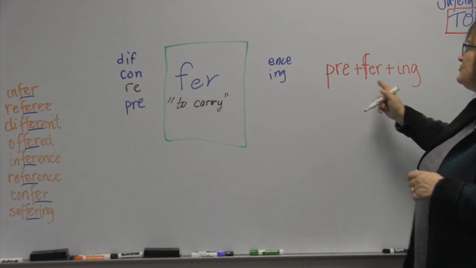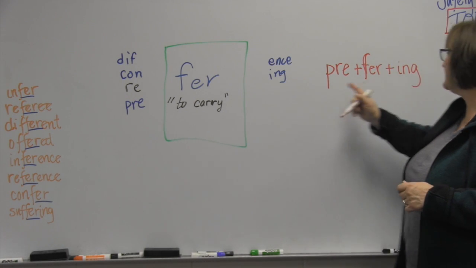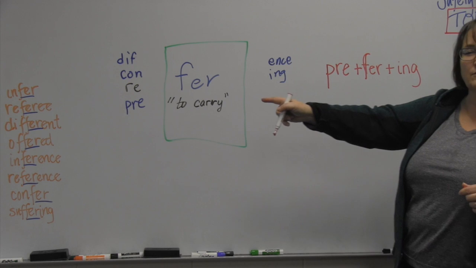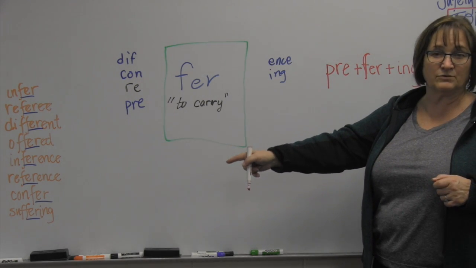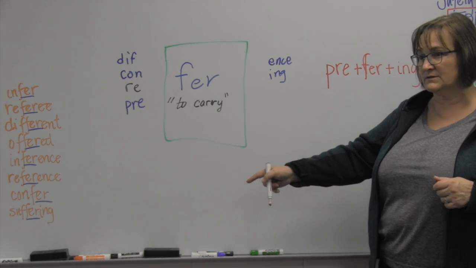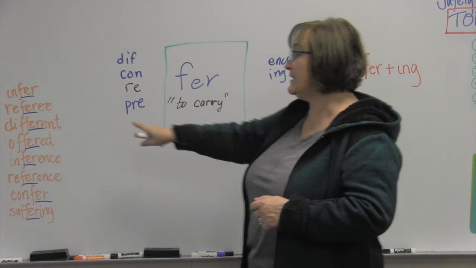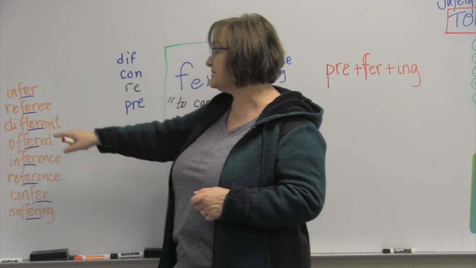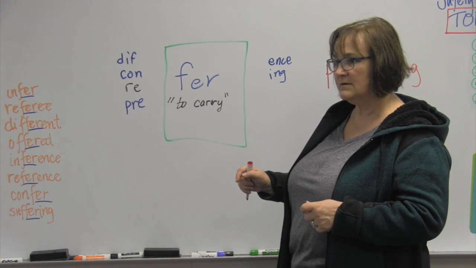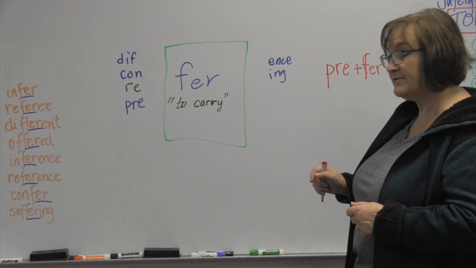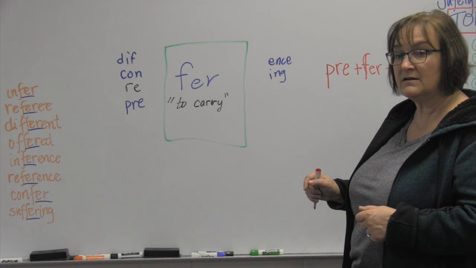If this is true that this R is doubled because we have a vowel suffix, then I think there's another word or two on this list where we should be questioning why isn't it doubled. David? Referee. So we're adding a vowel suffix. Why aren't there two R's? What's another one? Actually, suffering. Why aren't there two R's on suffering?